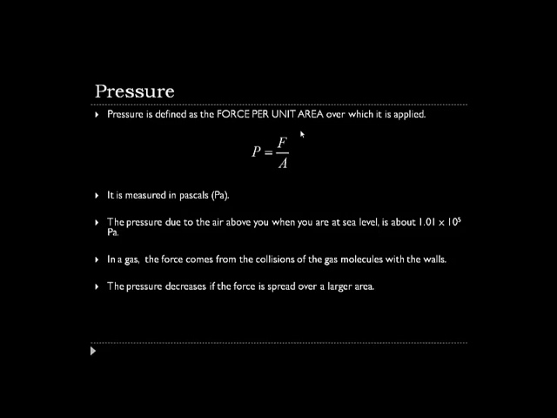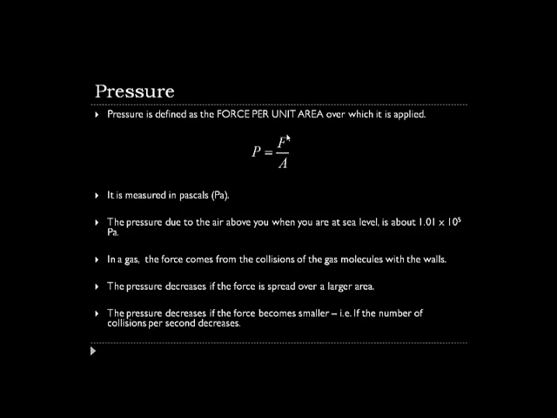The pressure will decrease if the force is spread over a larger area. The pressure also decreases if the force itself becomes smaller. So this force will become smaller, for example, if the number of collisions of particles with the wall per second decreases.